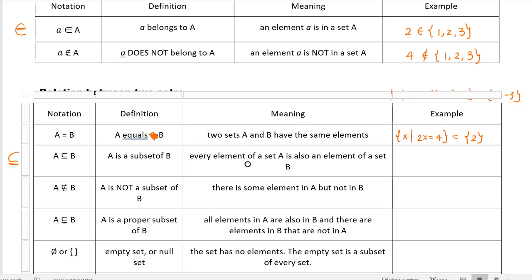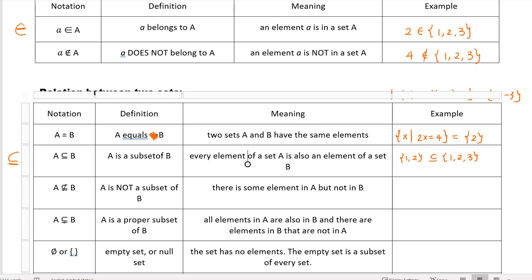For example, {1, 2} is a subset of the set {1, 2, 3}, because all the elements in the left set also belong to the right set. So this is a subset.